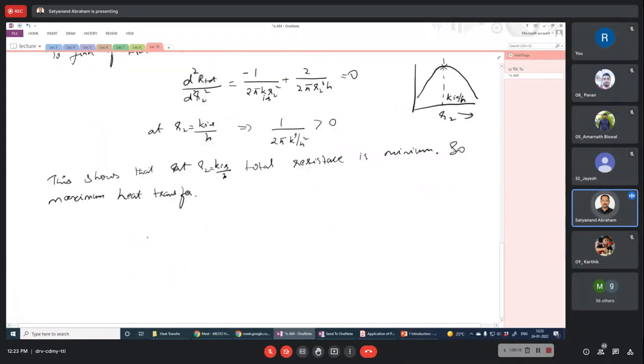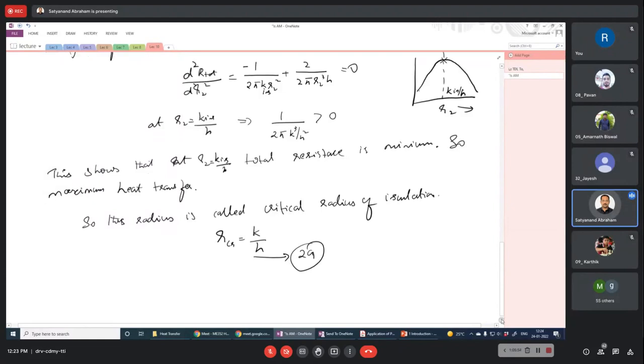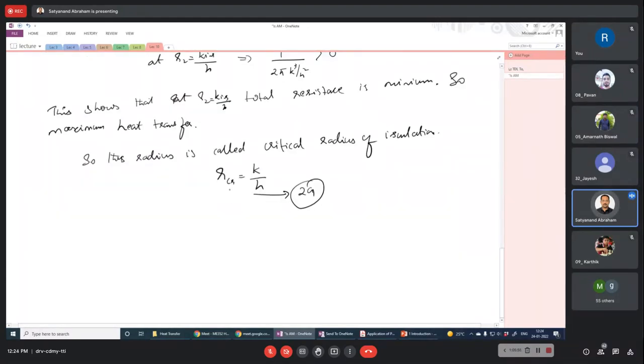Therefore we call this radius the critical radius of insulation. We can write R_CR equal to K by H. This is equation 29.